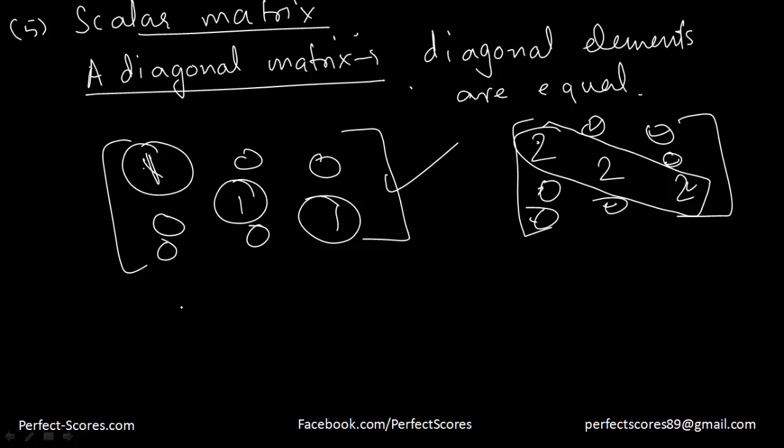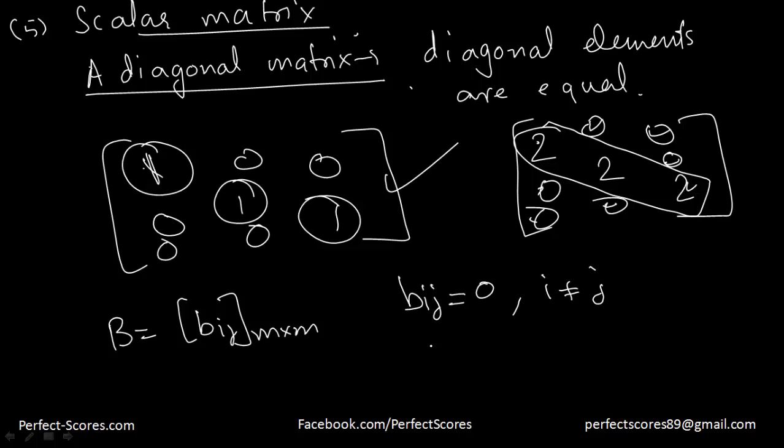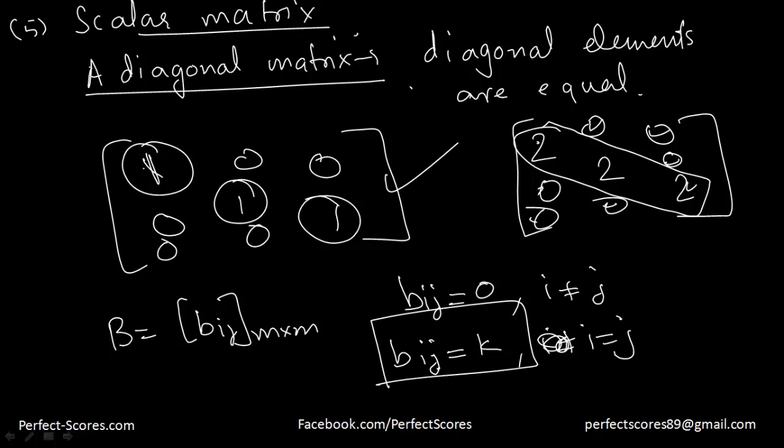I suppose you're understanding this. If I want to generalize, suppose I have a matrix of order m into m, all the non-diagonal elements are 0, and the elements which fall on the diagonal are equal to some specific number. So I suppose you now know the example of these scalar matrices.